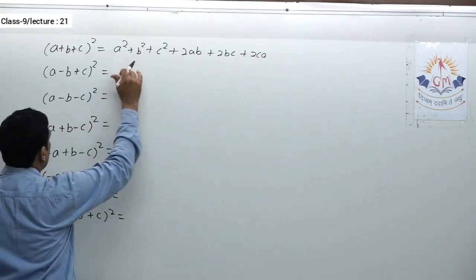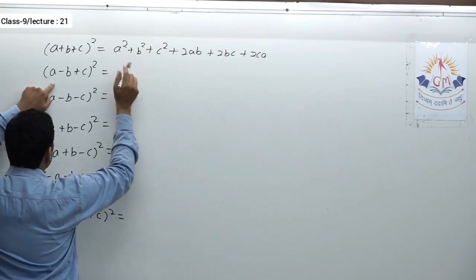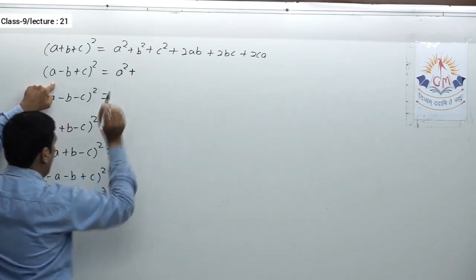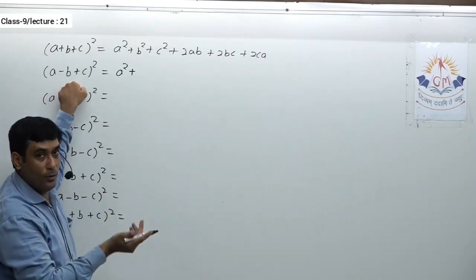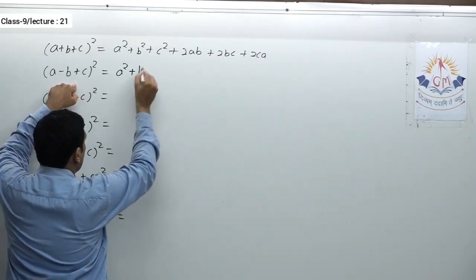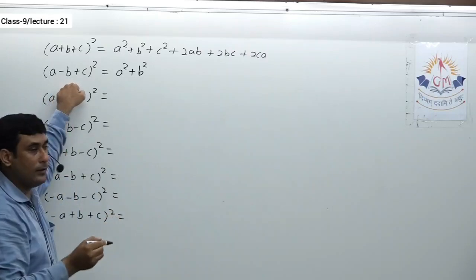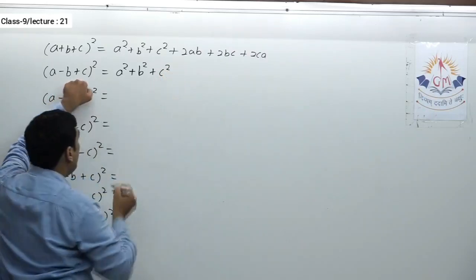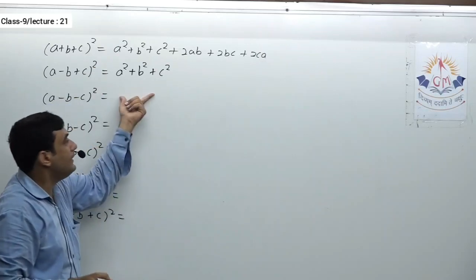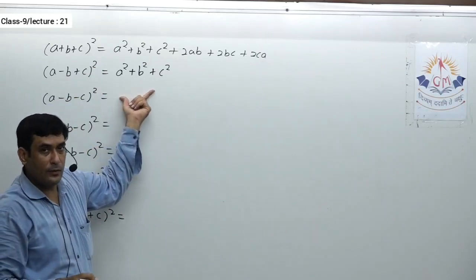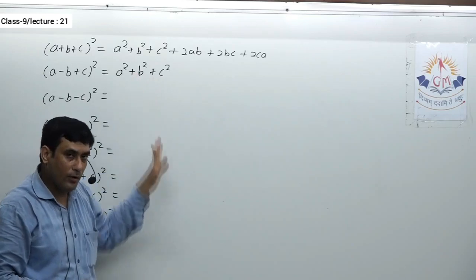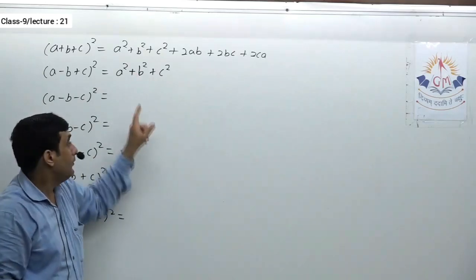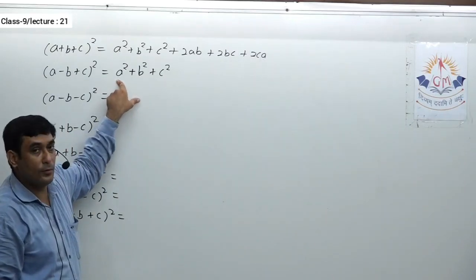For example, for (a minus b plus c) whole square: a square, then minus b whole square, that is again b square, because the square of a negative is positive, then c square. If you remember, I also told you that the first 3 terms, a square, b square and c square, are always positive in all the cases.